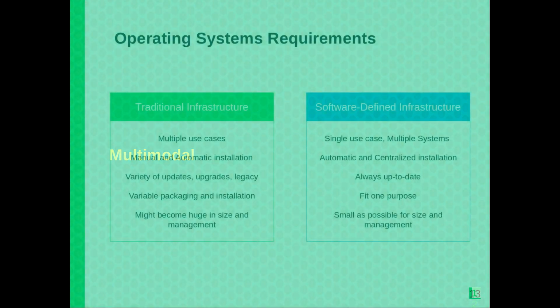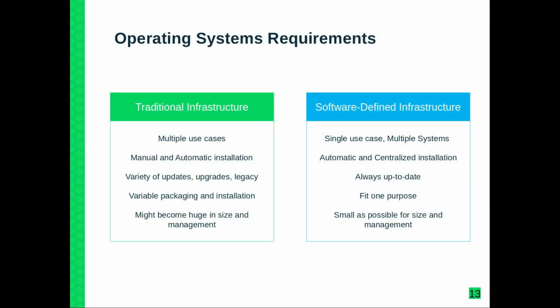Let's talk about multimodal, though, as it's a core idea for SUSE Linux Enterprise 15. Multimodal is defined as meeting two different sets of operating system requirements. There is the traditional infrastructure, which has multiple use cases for a particular operating system. You have both manual and automatic installation options, automatic through something like AutoYaST.